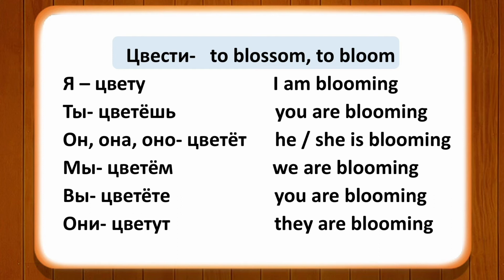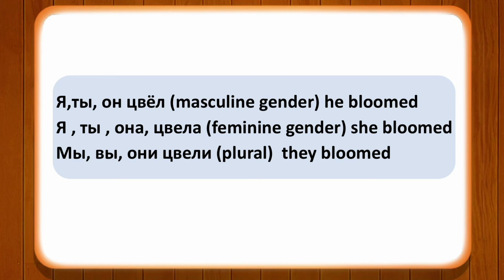In past, we will conjugate the verb tsvisti: ya ti on tsvyol for masculine gender. That means on tsvyol, he bloomed, ya tsvyol, I bloomed, ti tsvyol, you bloomed. And in feminine gender, yati ana tsvila.